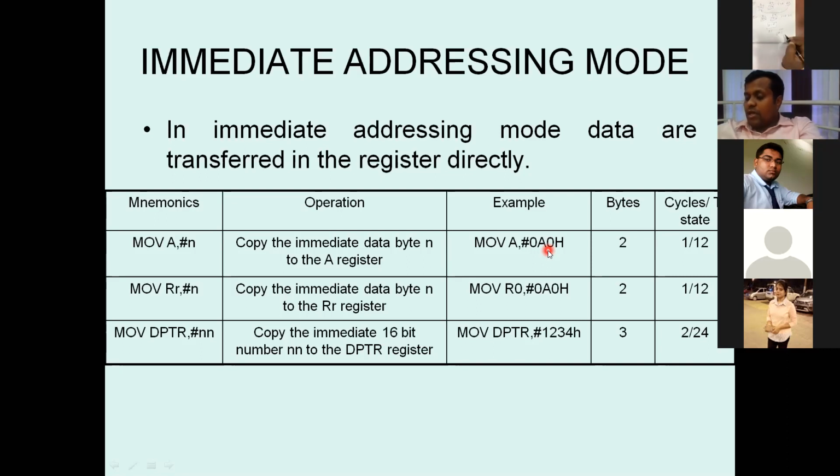This 0 indicates that this is a number, not a character. It may be a character or a number, because A is in both cases. To distinguish between number and character, we give a 0. Any number starting with B, C, D, E, F gets a 0 in front. Like 5F, it is 5F, no issues. 3D is 3D. But if the most significant digit is A to F, then it should be prefixed with a 0.